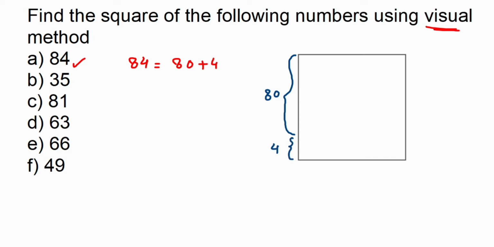So I'm going to draw a straight line here, and this is 4 and this is 80. Similarly on the other side, from here to here it is 80 and the remaining part is 4. So 80 plus 4. I'm going to draw one more line from here to here. This is how I got the 4 parts: the first part, then second, then third, and then fourth.